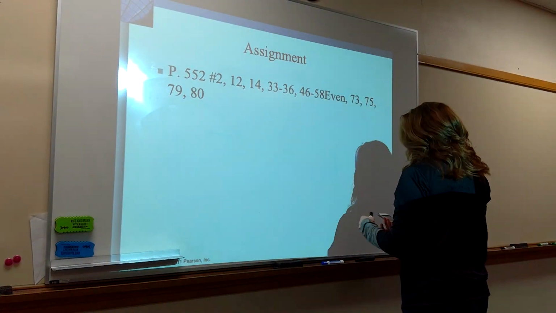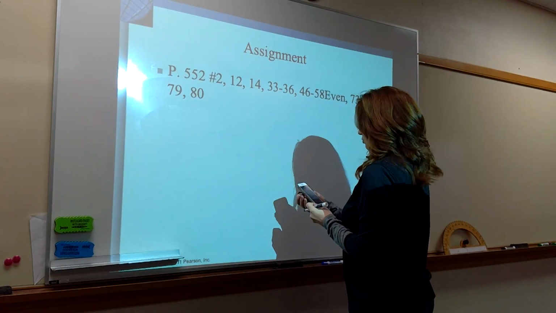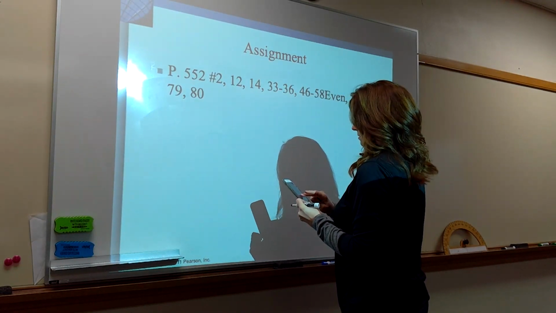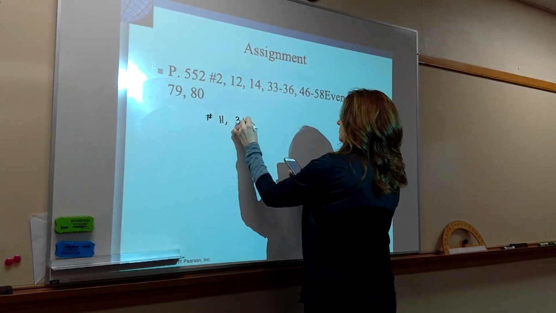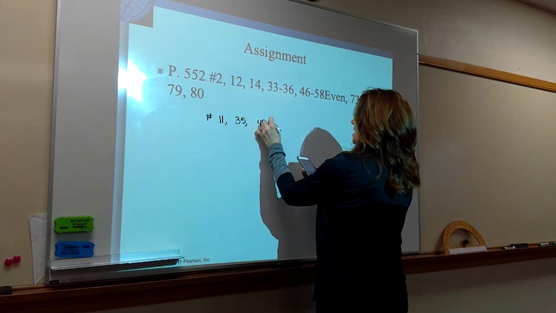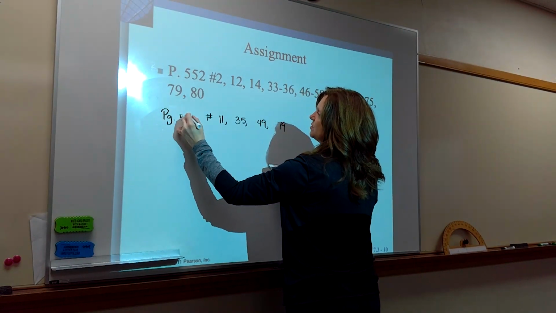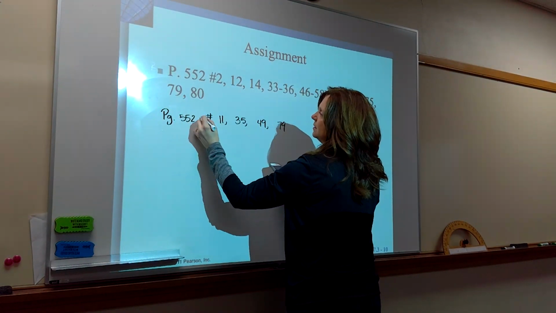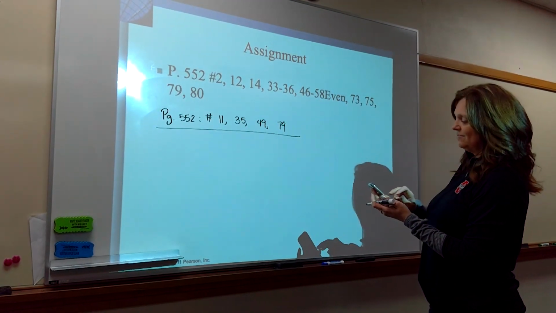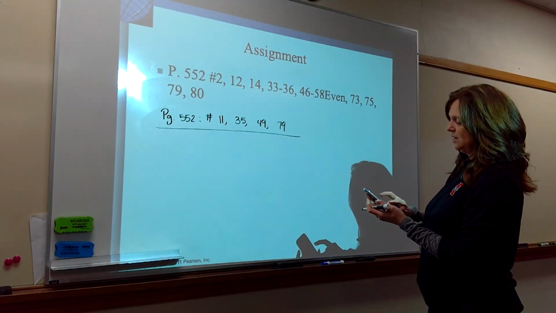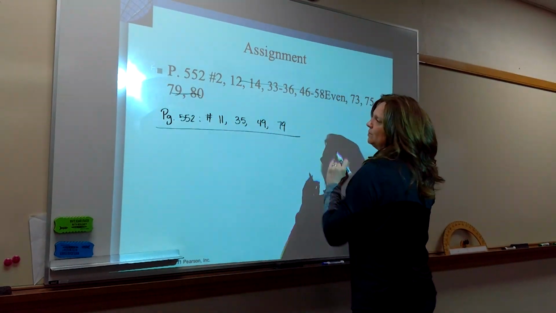The assignment is supposed to be page 552, numbers 11, 35, 49, and 79. I apologize for not having that correct the first time. Okay. Page 552, number 11, number 35, number 49, and number 79. So all odds, so you should be able to check your answers on that one.